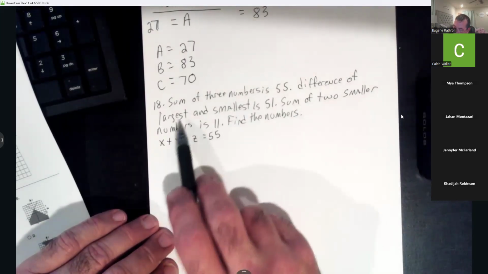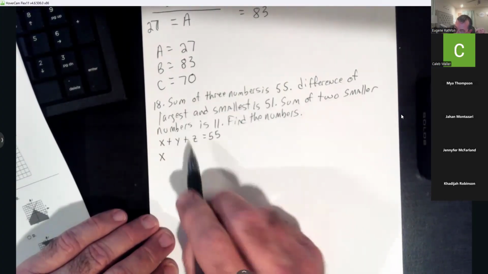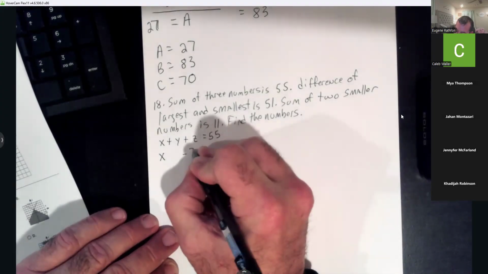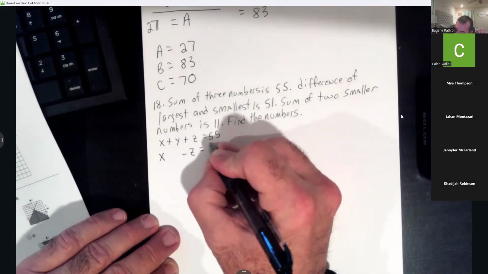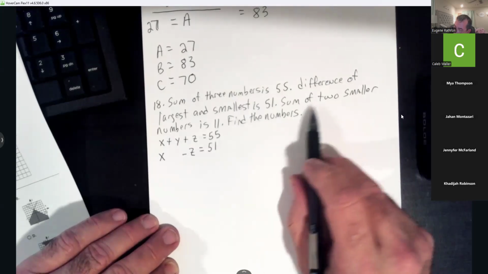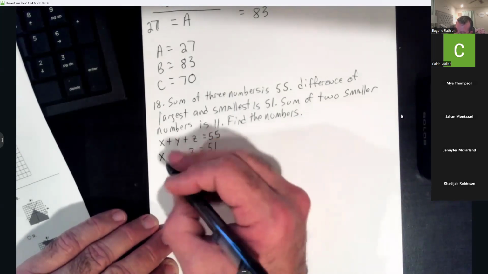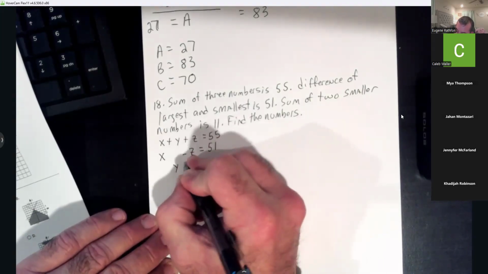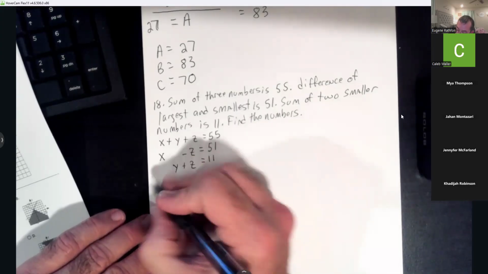All right, the difference of the largest, which is my x, and the smallest, which is my z, so difference means subtraction. The difference of those is 51. And then the sum of my two smaller numbers, which would be y and z, so y plus my z, those equaled 11.